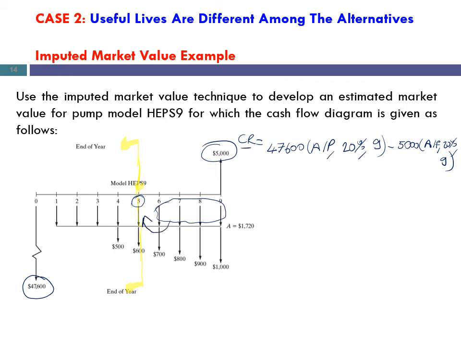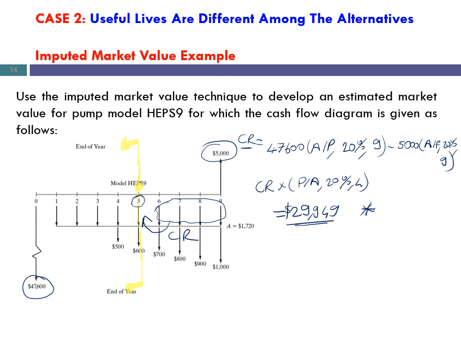So it means that this CR is here for 4 periods, and I need to multiply this CR by P given A, 20%, and 4 to find the first part of the market value at time 5. And when you do this calculation, you will find the value to be $29,949. This is the first part, so let's put a star here.